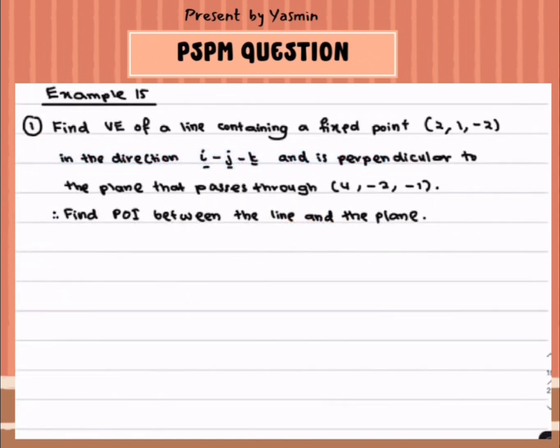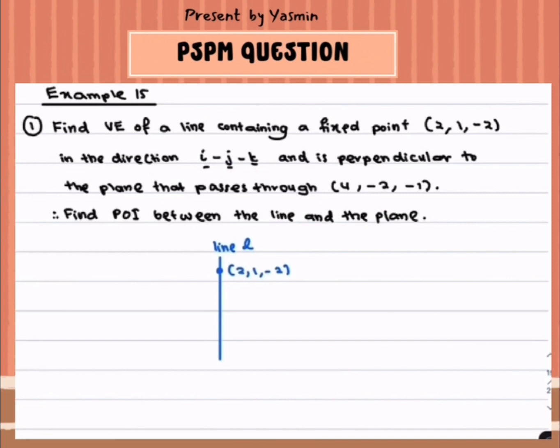Example 15, question 1. I need to find the vector equation of a line containing a fixed point 2, 1, negative 2. So this is my line L, and it passes through the point 2, 1, negative 2. And the line is in the direction i minus j minus k.